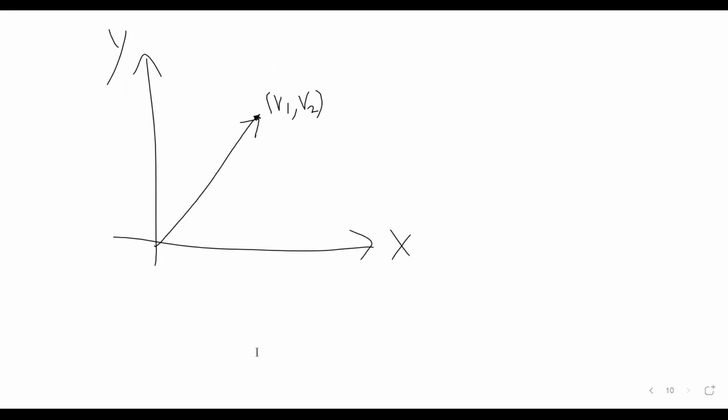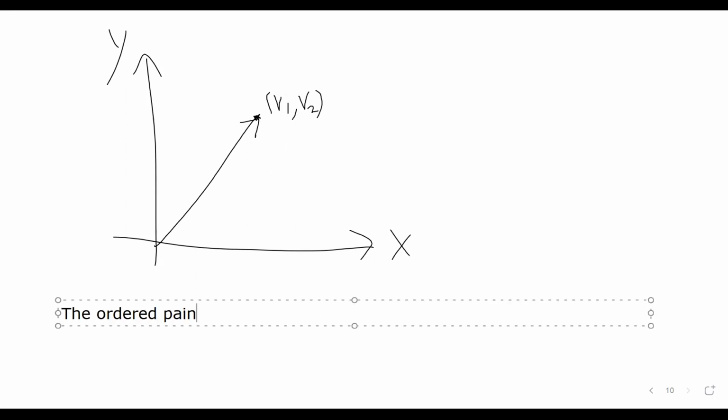So the ordered pair v1, comma v2 with the subscript can represent a point or a vector.